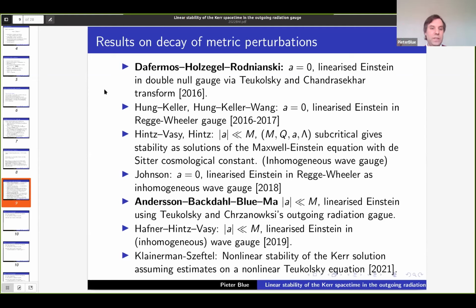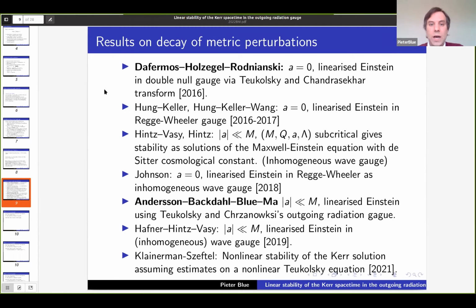In one sense, it's weaker because the de Sitter cosmological spacetime means that you have exponential decay rather than polynomial decay, which makes the nonlinear estimates easier to do, and the decay estimates much stronger. On the other hand, compared to a lot of the other things on this slide, it's a fully nonlinear result instead of merely a linear result. So in some ways it's weaker, but in some ways it's stronger.